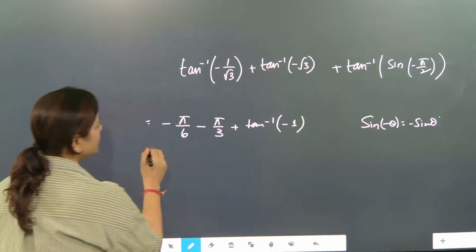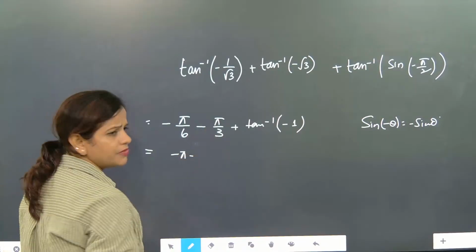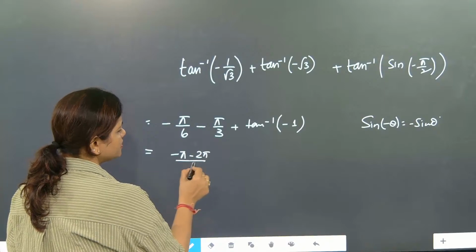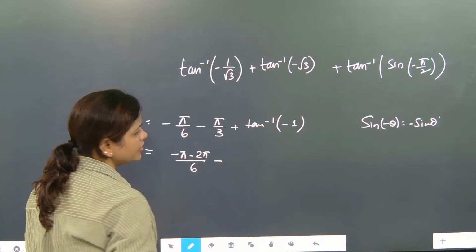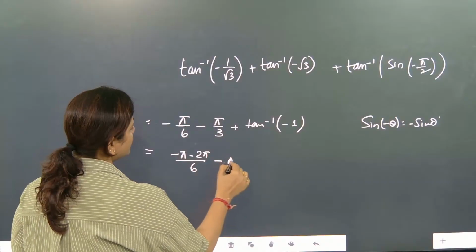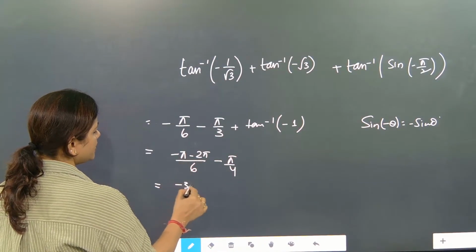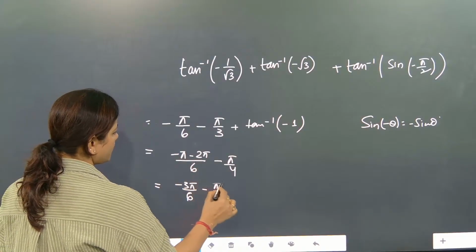So when we write this part, minus 2 pi by 6, done. Then here minus pi by 4, correct, in the smallest form. So here it is coming minus 3 pi by 6 minus pi by 4.